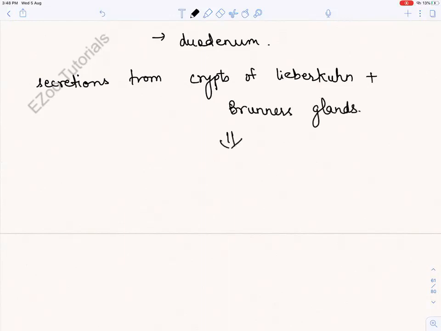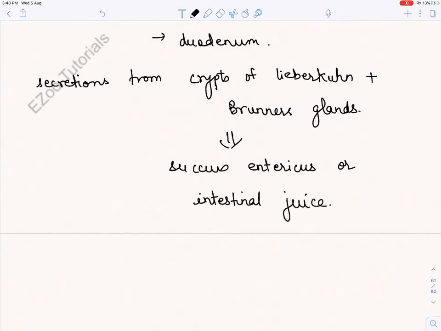They are collectively called as succus entericus or intestinal juice. This composition we will do in detail when we are doing digestion in the small intestine. But as for now, you can remember the secretions from both these two things are known as succus entericus or intestinal juice.